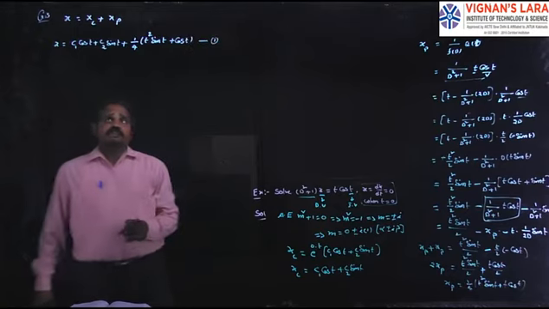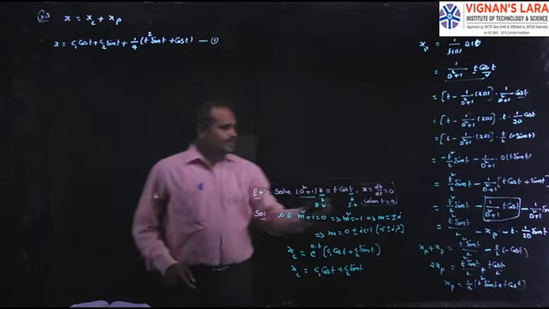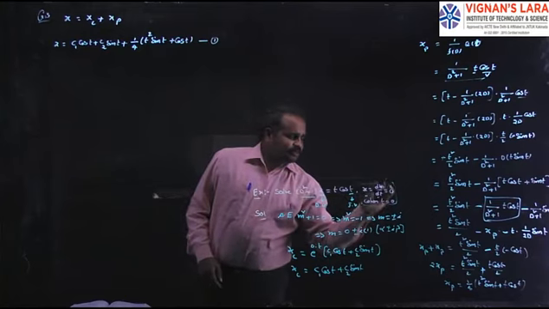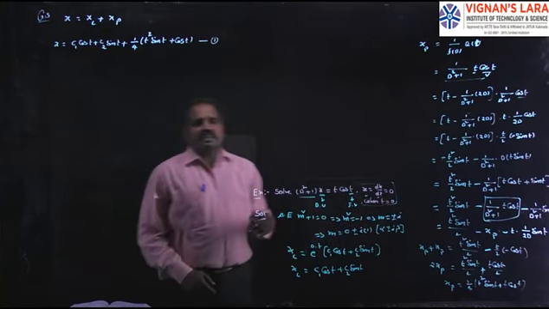Why equation number 1? Here he has given two conditions. dx by dt value is 0 when t is equal to 0.